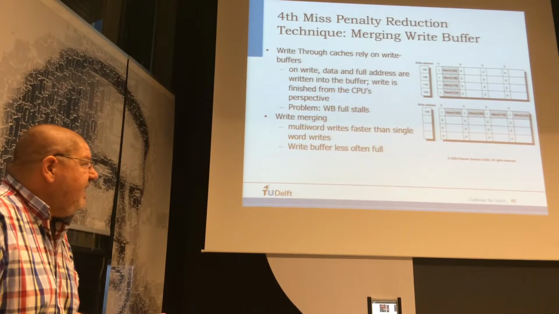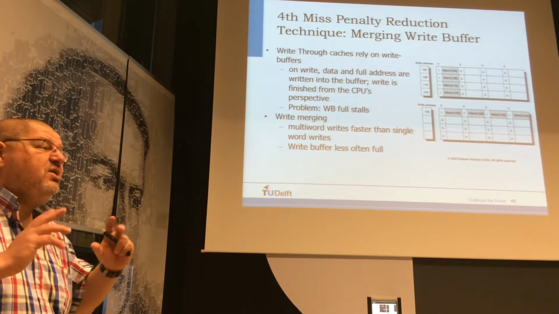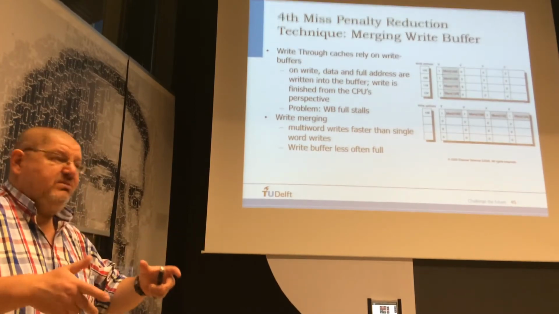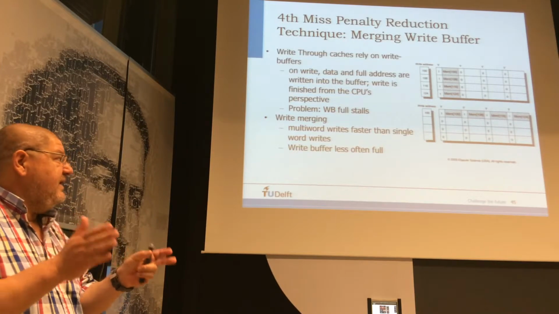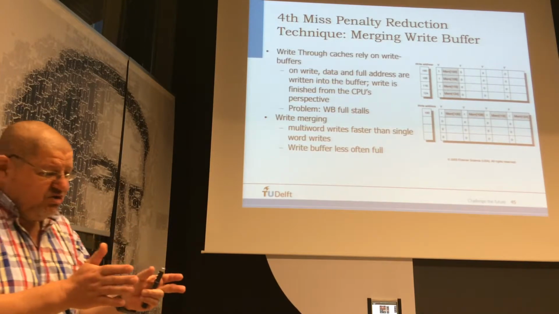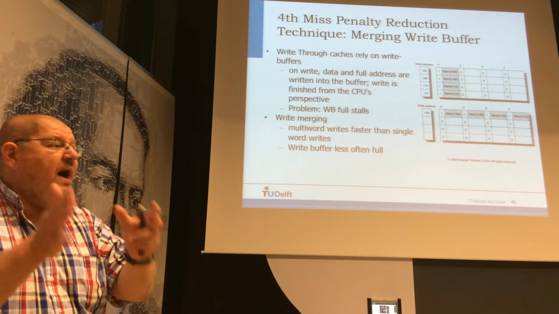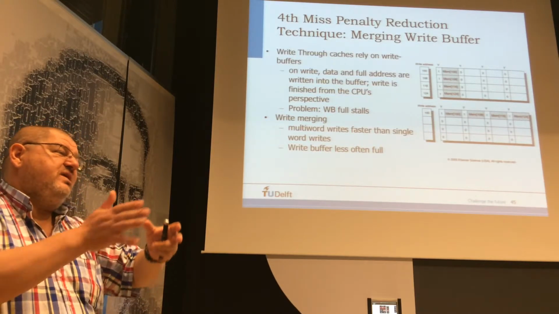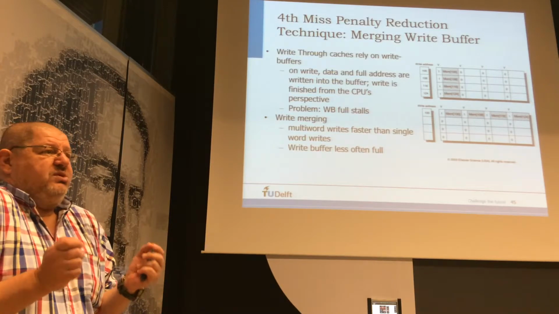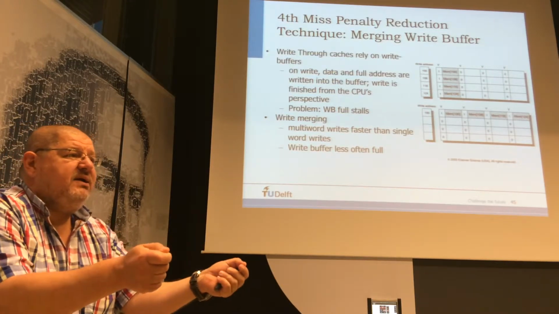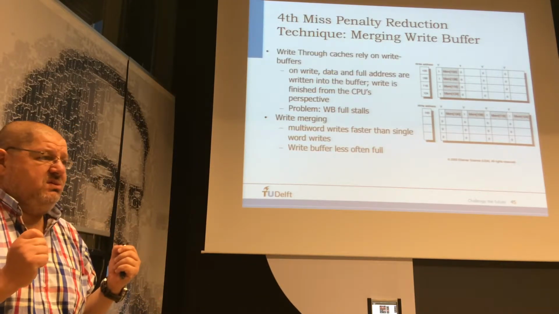On top of that, I also have a better communication with the memory, because as I mentioned already, the bus between the cache and the main memory is wider than the bus between the processor and the cache. What I would like to do is to get one cache line in one transaction.